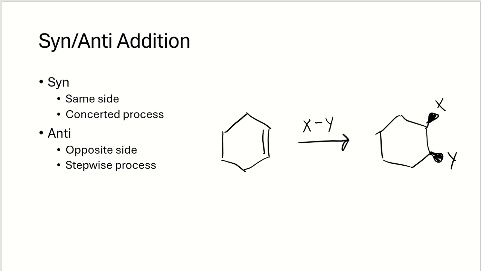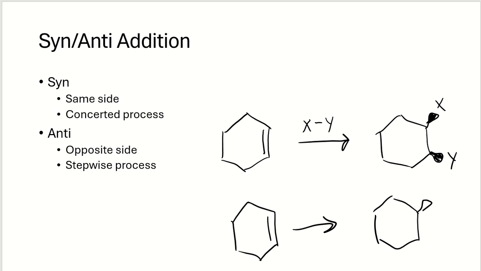So syn just means we added both pieces to the same side or same face of the double bond. Whereas an anti-addition would be adding to opposite sides. So you might add the X as a wedge and the Y as a dash. That would be an anti-addition.